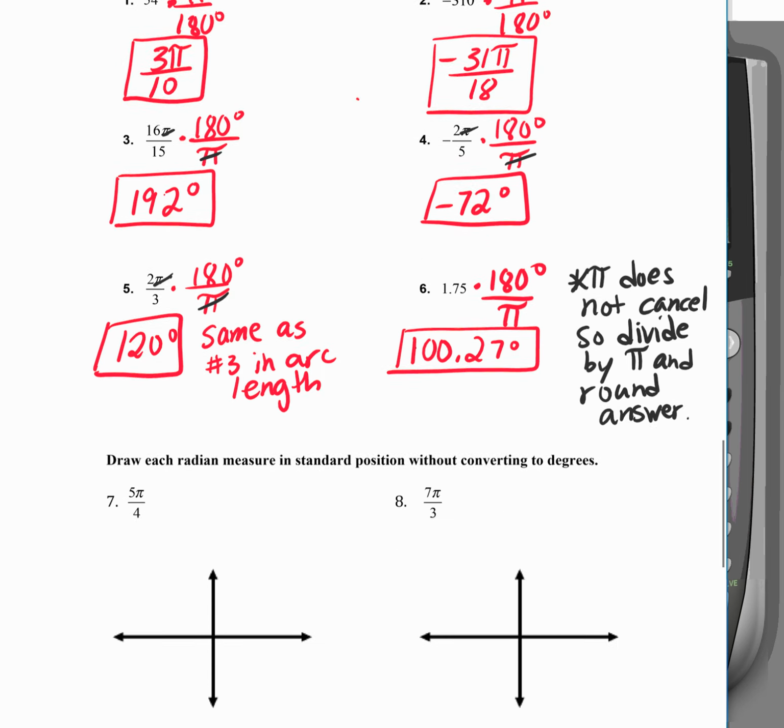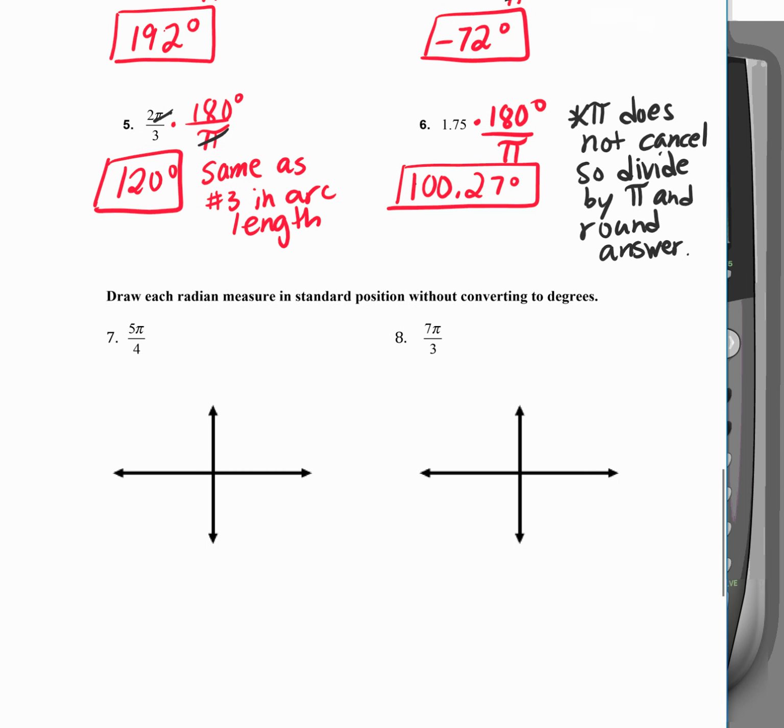All right, and in our last section, we're going to try drawing radian measures without converting back to degrees, just to get used to the idea of the radian measure as a fraction and dividing up our space. So instead of using 0, 90, 180, 270, we're going to use pi over 2 for 90, pi for 180, and 3 pi over 2 here.